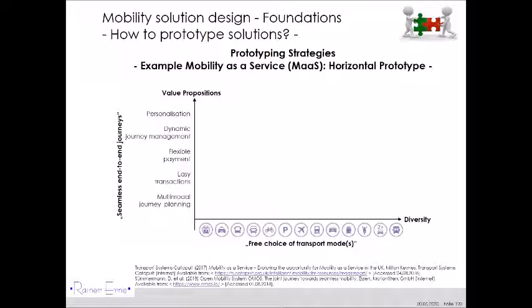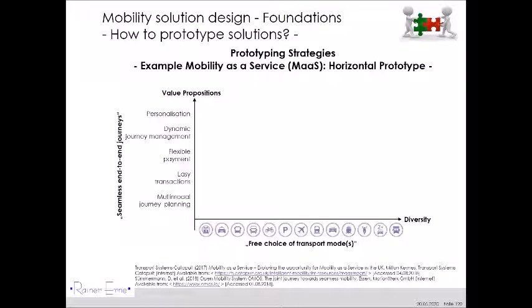The other possibility, or I call it strategy, to do a prototype is to do a prototype horizontally. As I mentioned already, we have 2 basic value propositions in a MaaS solution, and this is a seamless end-to-end journey with certain features like flexible payments, personalization, and so on.